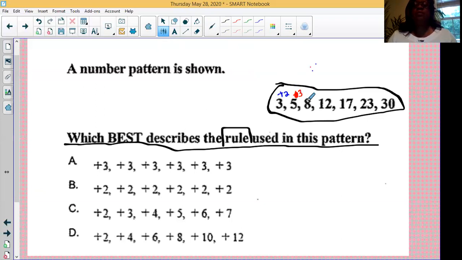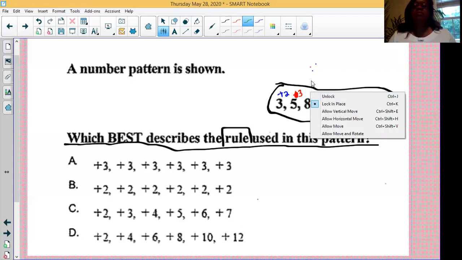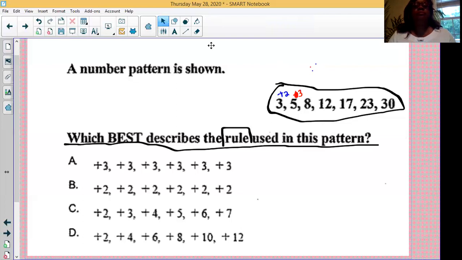All right, now let's go from 8 to 12. How much more is 12 than 8? So 12 take away 8. I'll give you time to figure that out on your paper. And then when you get it, put your plus whatever you got right here. Okay, you're exactly right. This would be a +4.